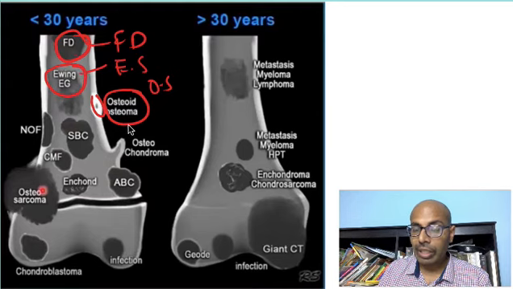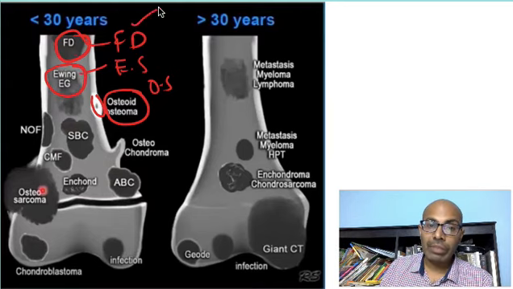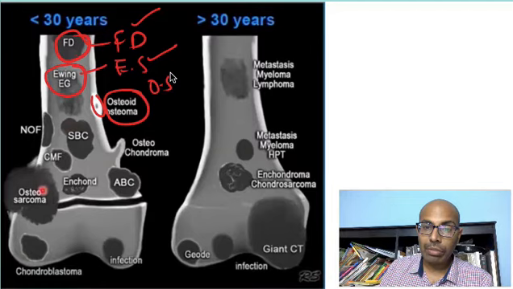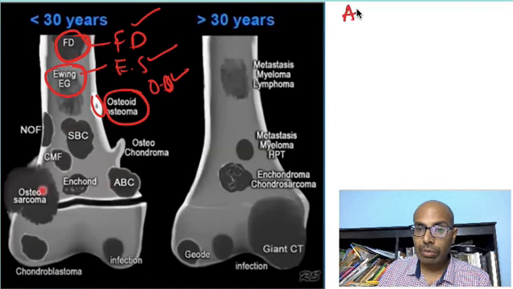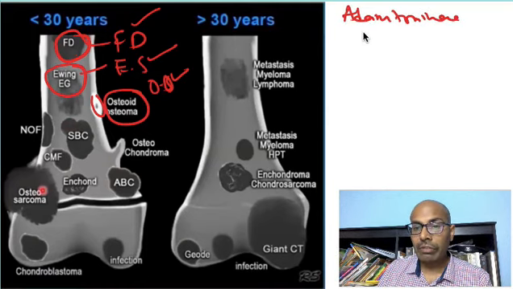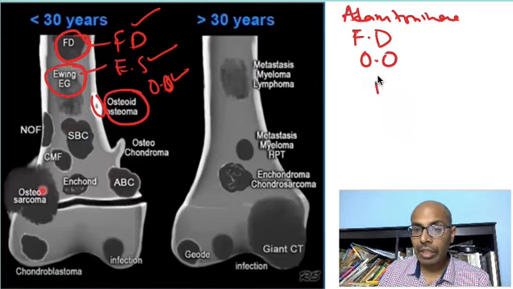These two are in the medullary canal. The fourth tumor that can occur is called adamantinoma. So there are four tumors basically which occur in the diaphysis: fibrous dysplasia, adamantinoma, osteoid osteoma and Ewing sarcoma.